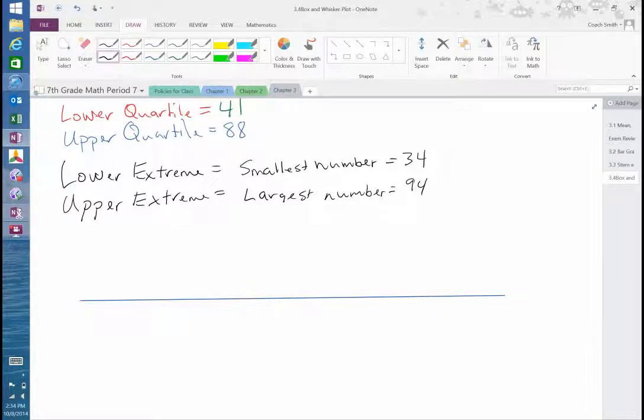What is my lower extreme? 34, right? So I'm going to start here at 32. Then what's the upper extreme? 94. So I'm going to finish down here at 96. Okay? Now I got to fill in the numbers on a number line between those.